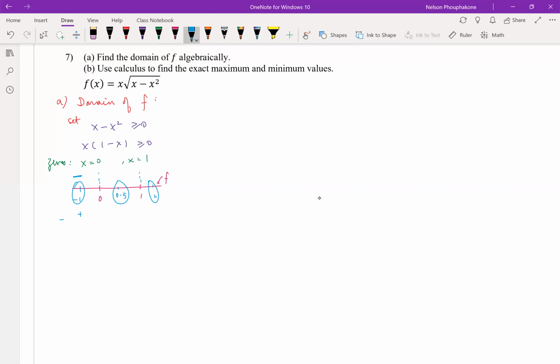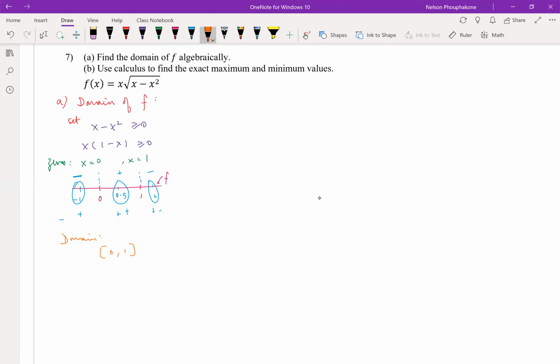If I plug in 0.5, then this is positive, and 1 minus 0.5 is positive. If I plug in 2, then this is positive, and 1 minus 2 is negative. So the domain is in between 0 and 1. This is how we find the domain algebraically.